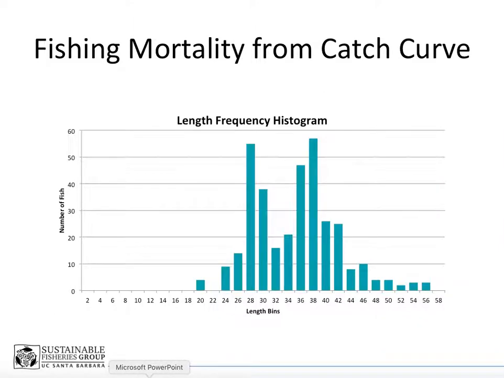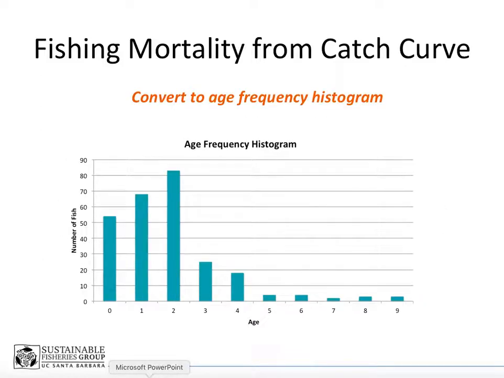So here's our length frequency histogram again of our data of our fishery, and these are our fish caught by our fishery. In this case, we're first going to convert all of our length data to age data, and this is done using the von Bertalanffy growth equation. And so now we have an age histogram, and so we have a number of fish at different ages.